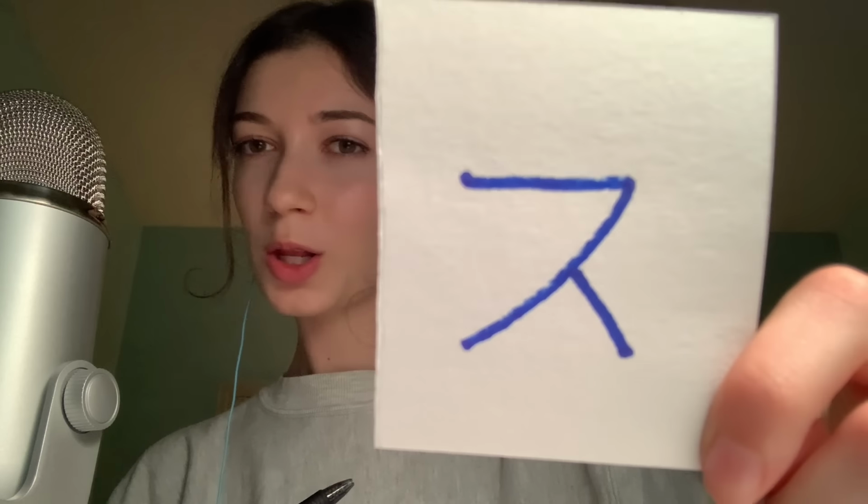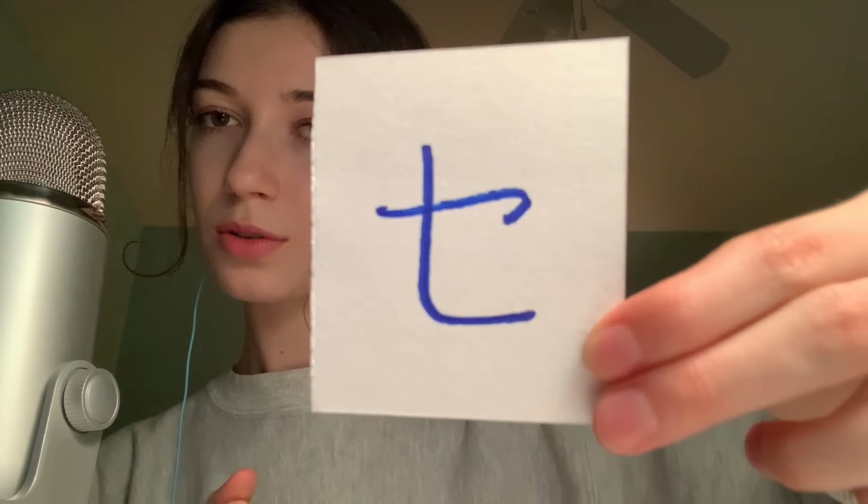Again, take a close look. This is su. Okay, sa, shi, su, se. This is se. 2 strokes.